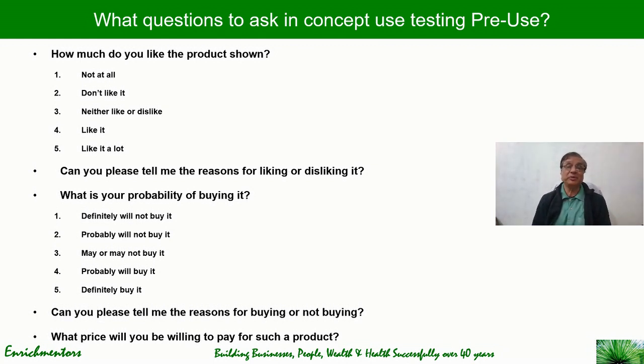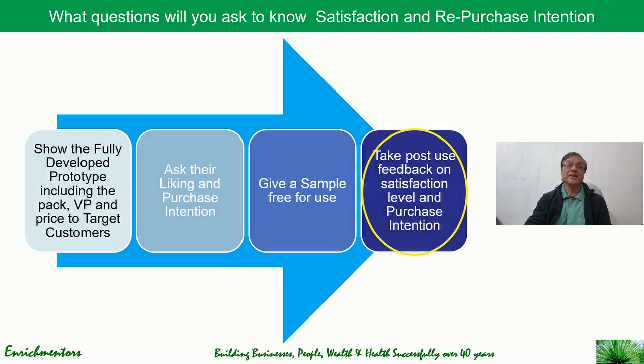Again, it's a 5 point scale with one being definitely not buy and five being definitely buy, and again you ask the reasons for buying or not buying. The last question is: what price will you be willing to pay for such a product, to understand whether your pricing is right or not? So these are the five questions that we ask. We will see how to analyze this in the next lecture.